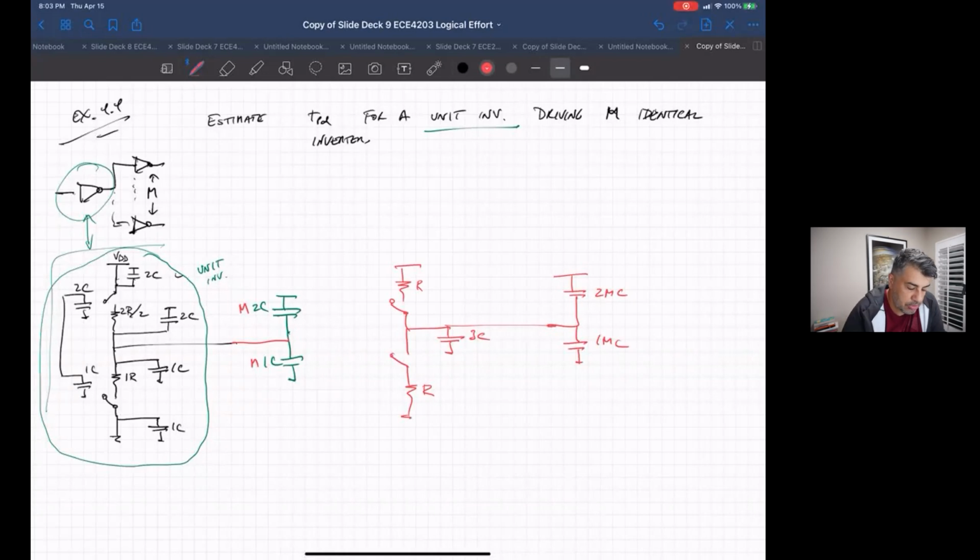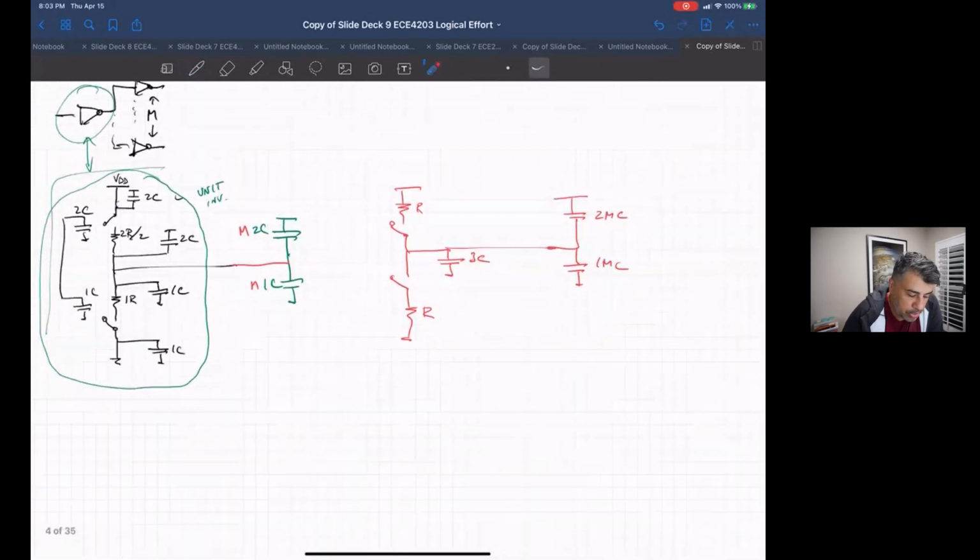It doesn't really matter, because by sizing the PMOS twice as wide as the NMOS, we try to make sure the pull up and pull down are the same.